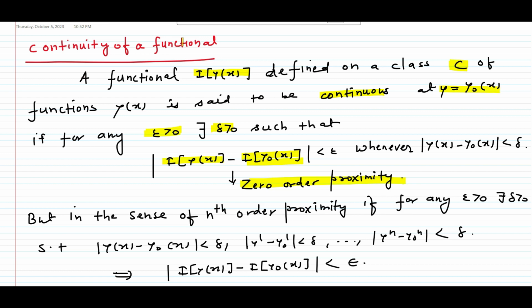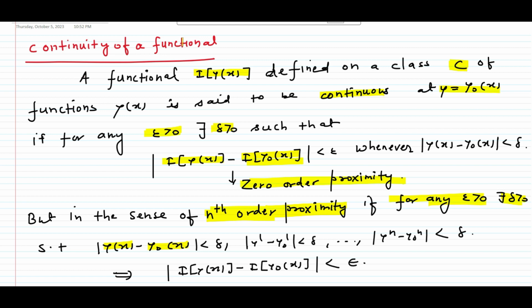But if I want to discuss the continuity of the functional up to nth order proximity, then for any epsilon greater than 0, there exists a delta such that mod of y of x negative y naught of x is less than delta, mod of y dash negative y naught dash is less than delta, up to the nth derivative, mod of y to the power n negative the nth derivative of y naught is less than delta.